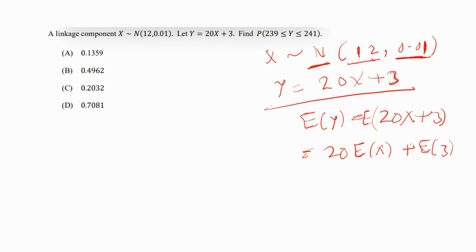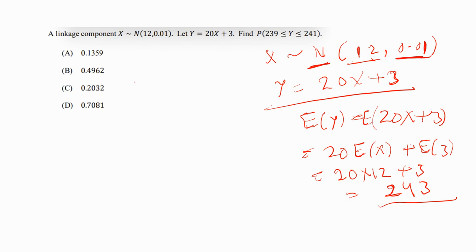Now 3 is a constant, so the expectation of 3 will be 3, and the expectation of x we have here is 12. So it will be 20 times 12 plus 3, which is 243. 243 will be the mean of y.